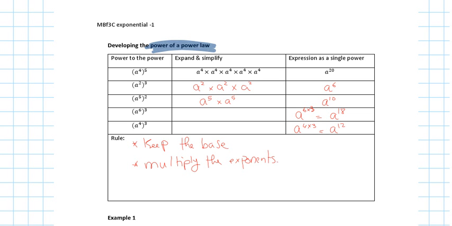Any base, any number. 7 to the power of m to the power of n. Then it will be 7 to the power of m times n. So if I have 7 to the power of 2 to the power of 6, that's the same thing as 7 to the power of 12.